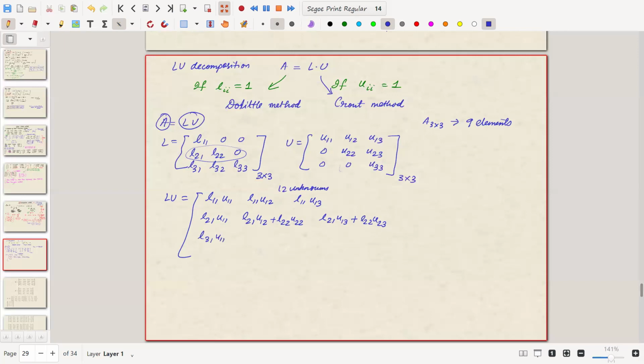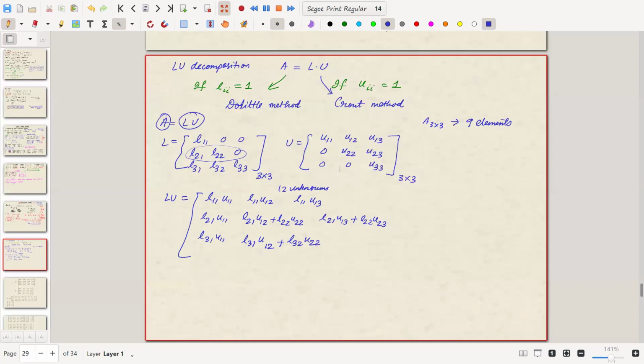So this row, second column: L31 times U12 plus L32 times U22. This one is multiplied with 0, so no effect.